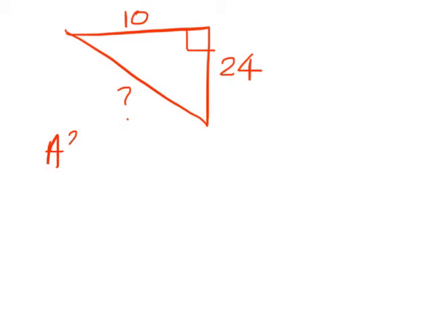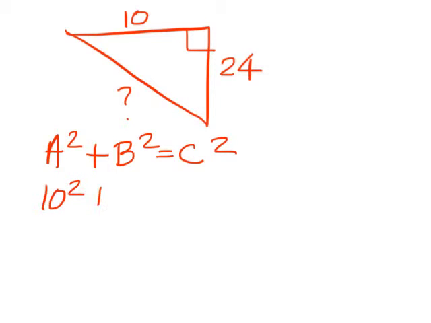Here's a right triangle, and I know that one side is 10 and the other is 24, but I'm missing this side. Find the value of the hypotenuse. The Pythagorean theorem is a squared plus b squared equals c squared.